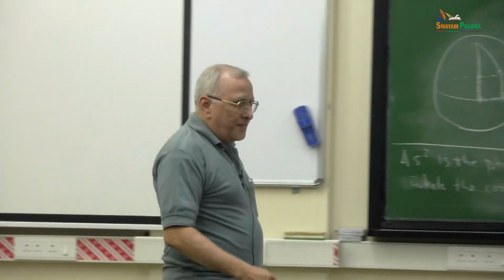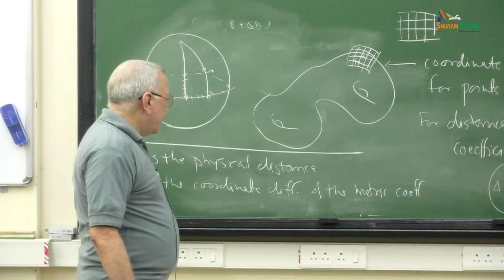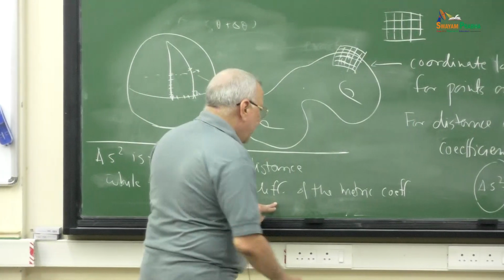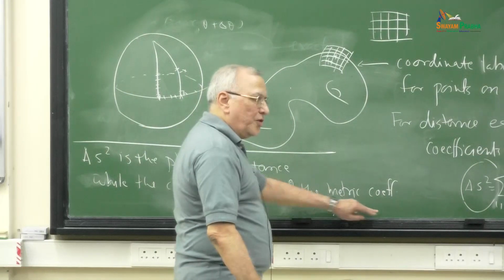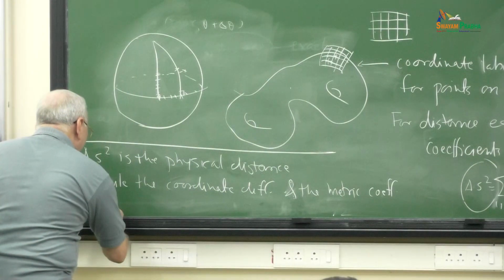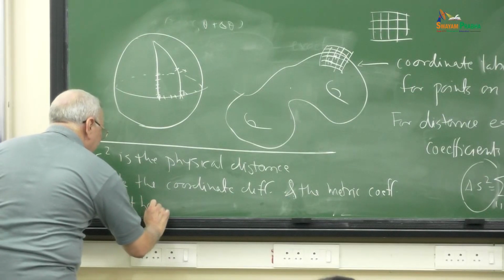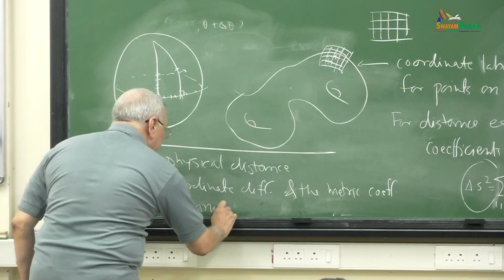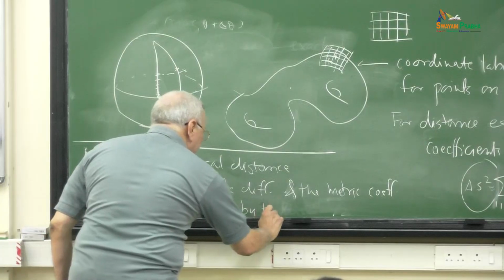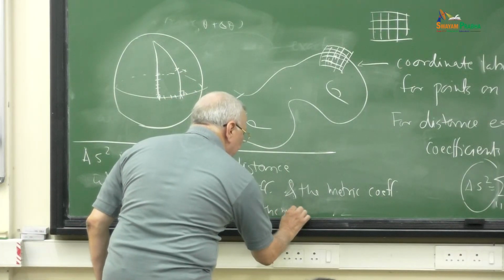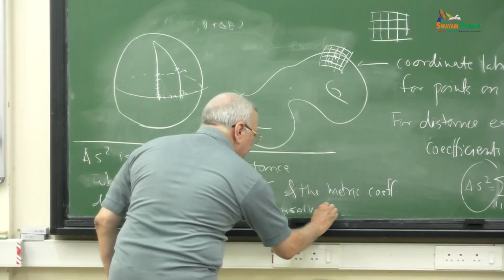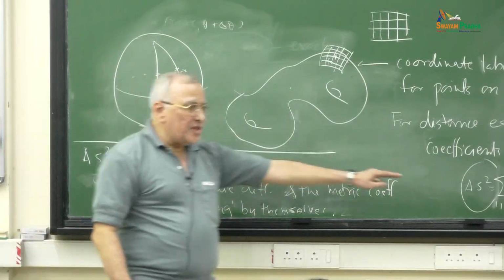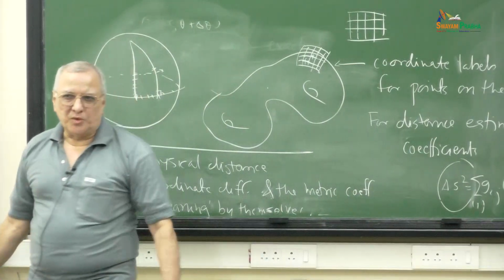What are the coordinate differences and the metric coefficients? While the coordinate differences and the metric coefficients do not have meaning by themselves, only in this combination does it acquire a meaning and give the distance between the two points.